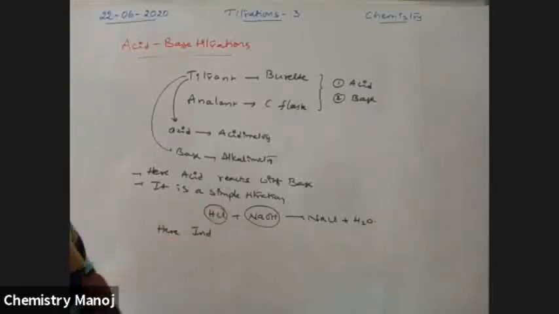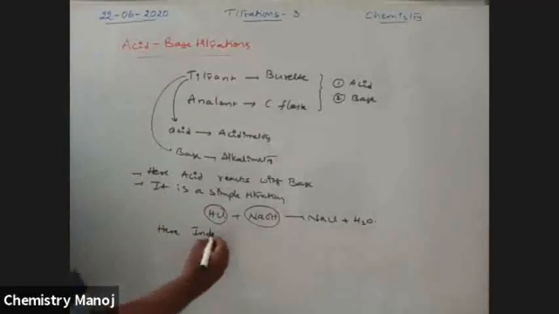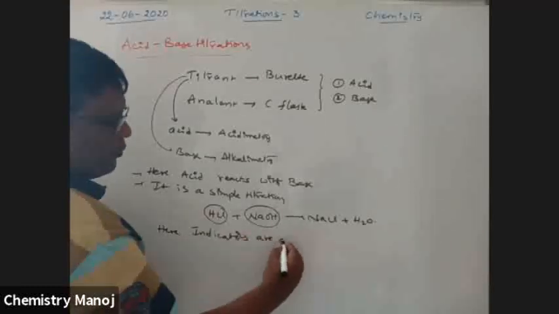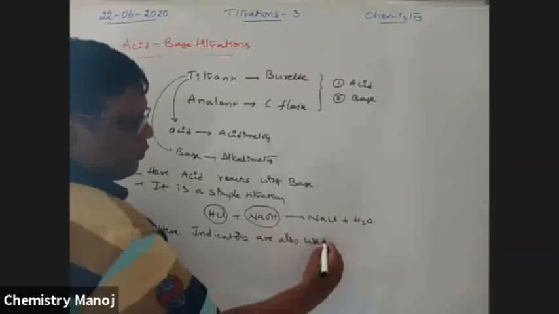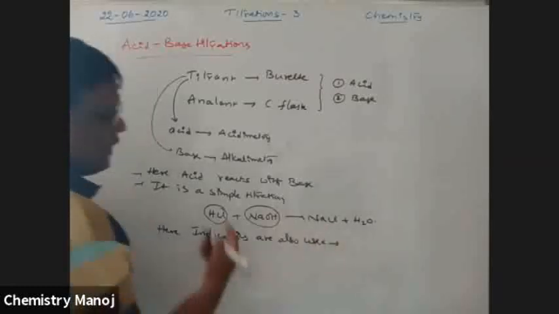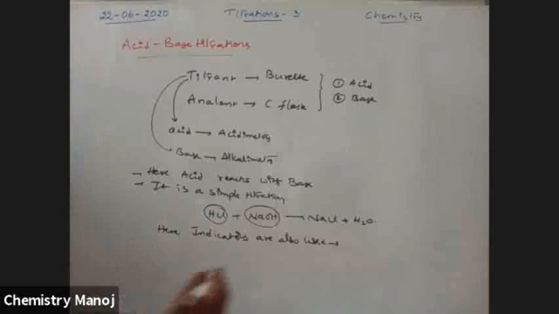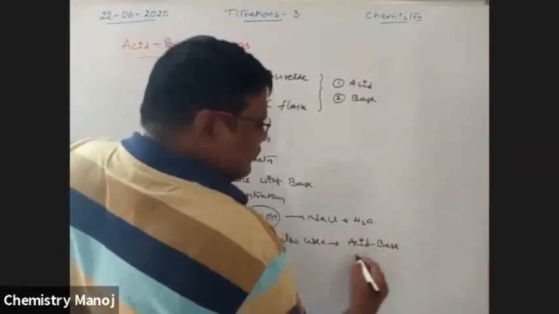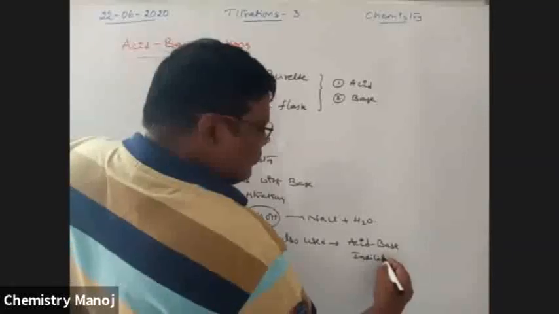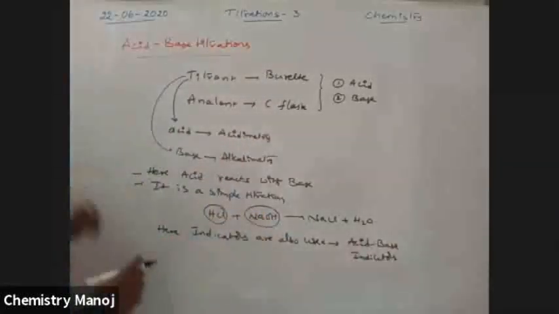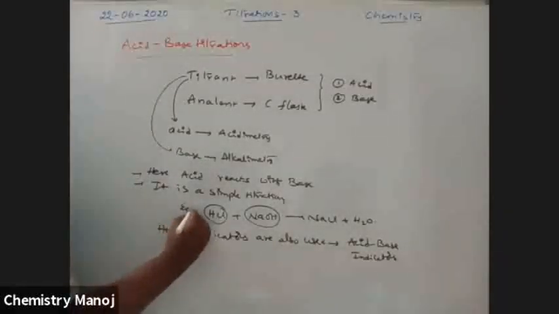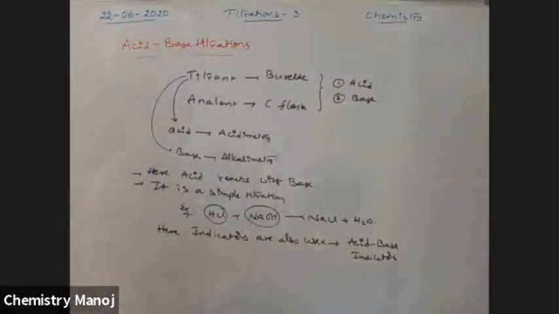To identify that end point, indicators are used. The indicators used in acid-base titrations are called acid-base indicators.